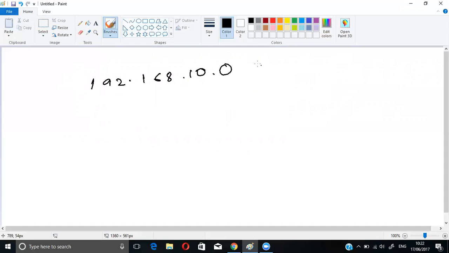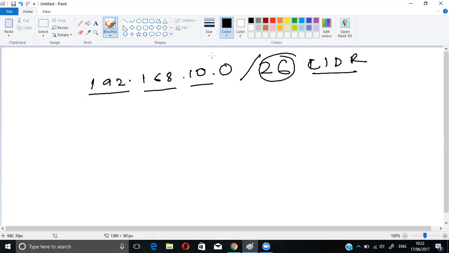Fine. Now if I write /26, this value is called CIDR. Now what is going to happen here? Let's say you have 192.168.10.0. So these are the network bits, and these are the host bits: 1, 2, 3, 4, 5, 6, 7, 8. How many host bits? 8 zeros are there, means 8.